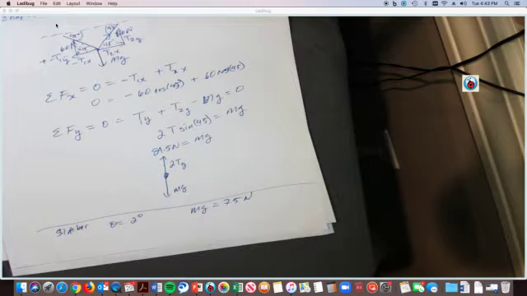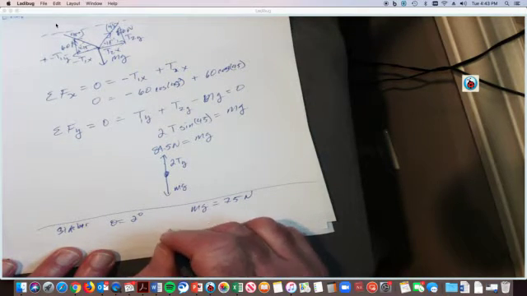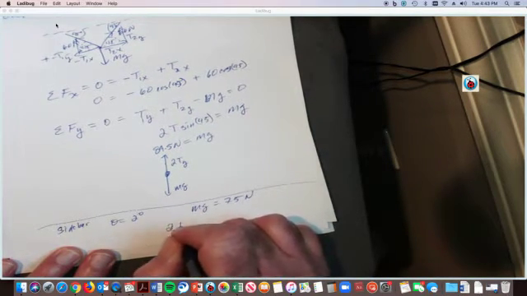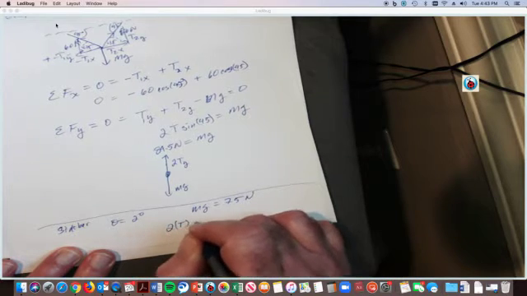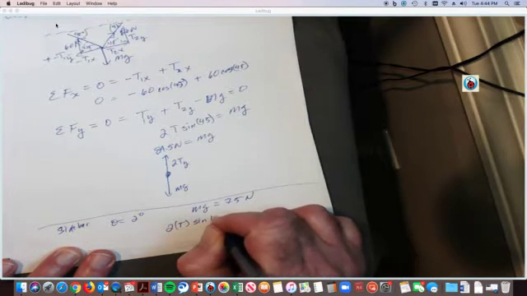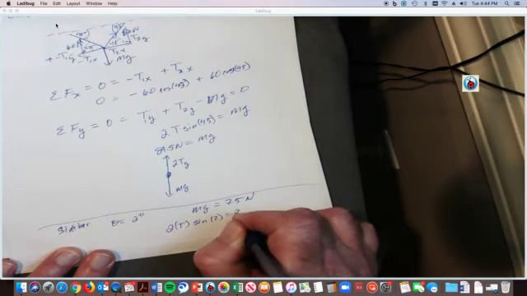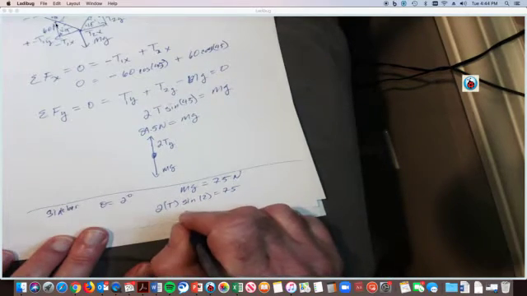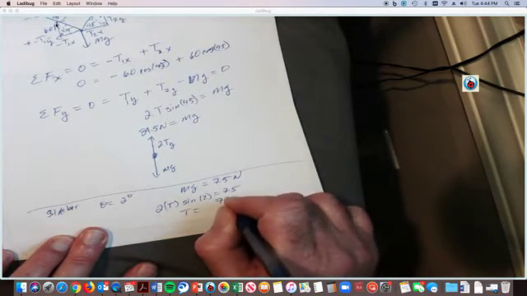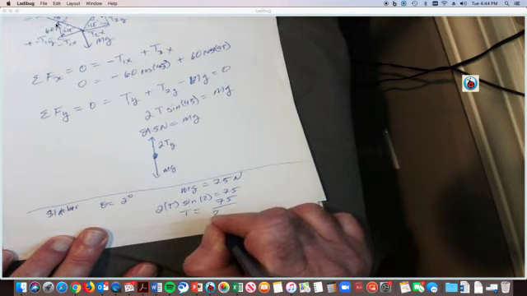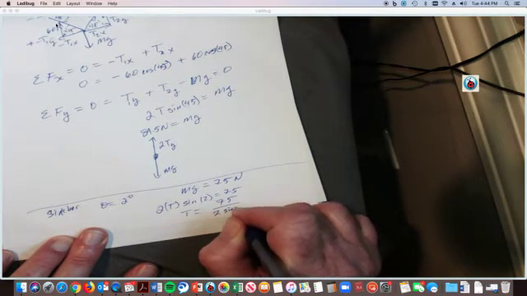So let's take a look at what happens to T when the angle is 2 degrees. So we've got 2 times T times the sine of 2 degrees is equal to 75. So T is equal to 75 divided by 2 times the sine of 2 degrees.